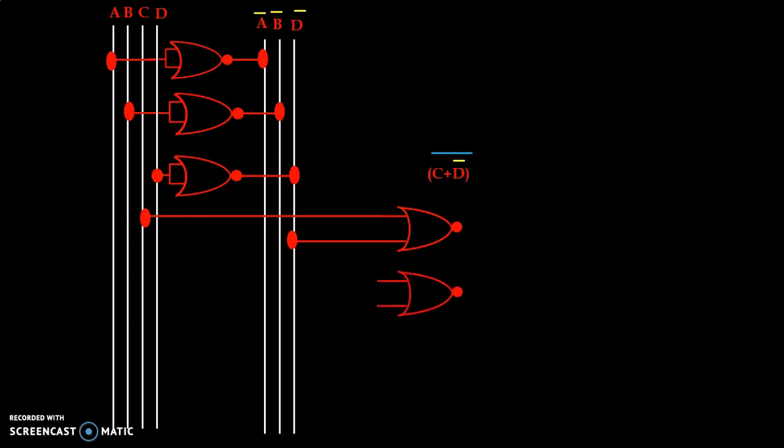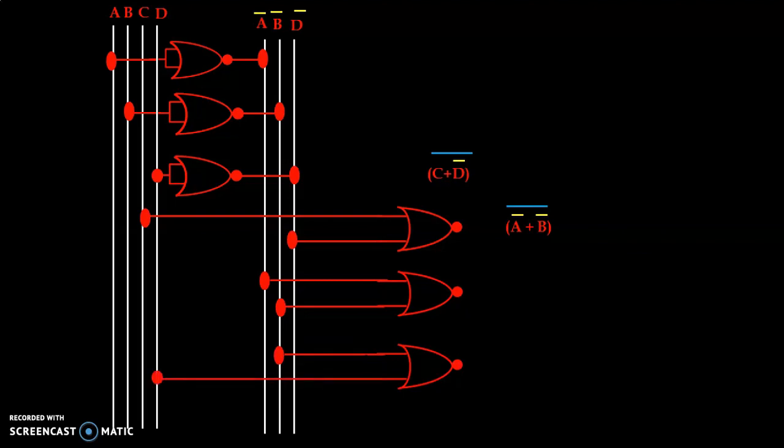Same way we use a fifth NOR gate, with input A bar plus B bar and whole bar. Sixth NOR gate, input B bar and D. So the output of the NOR gate is B bar plus D whole bar. So now we have 3 intermediate outputs available.